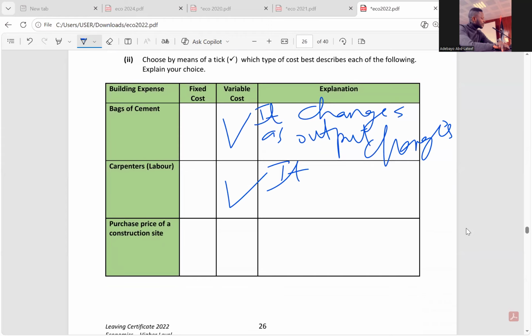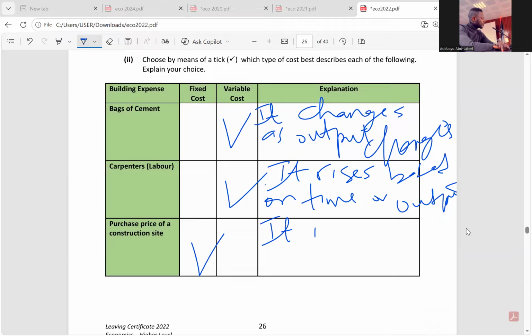It rises based on time or output. Purchase price of a construction site is fixed. It is a capital expenditure and a one-off payment.